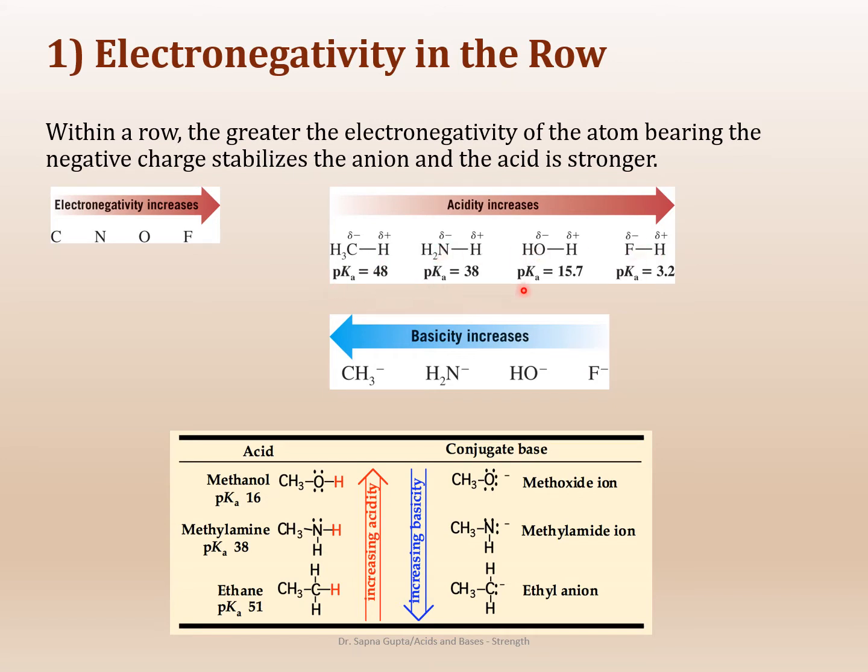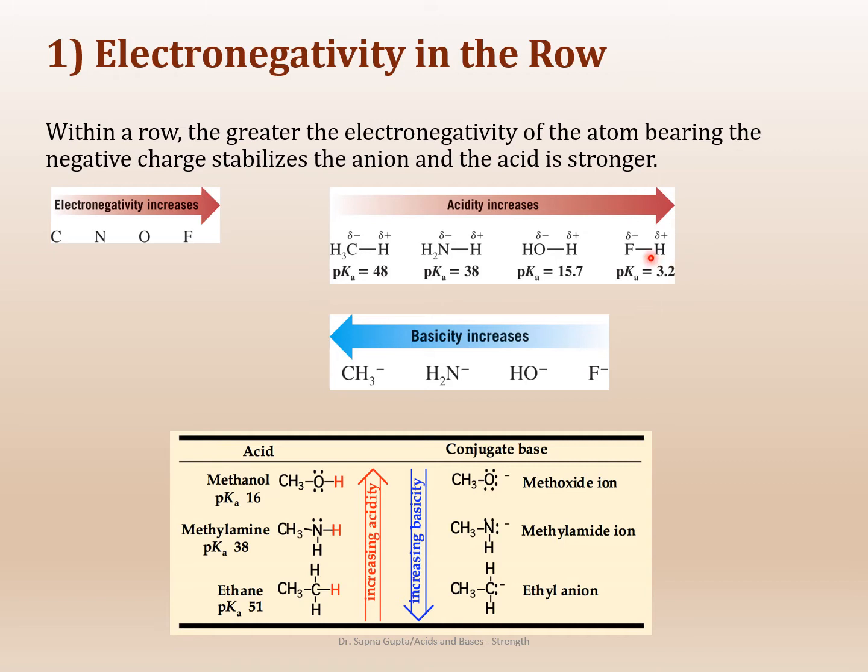And look at the pKa, how dramatically it's changing. By the time we get to HF or hydrofluoric acid, the pKa is really low, and that's because electronegativity is really high here, which means that this bond is extremely polar, and if this bond is extremely polar, it is easy for this hydrogen to go away. Essentially, if you can remember that concept, then it's very easy to understand acid-base chemistry.